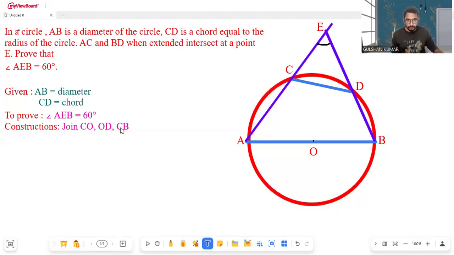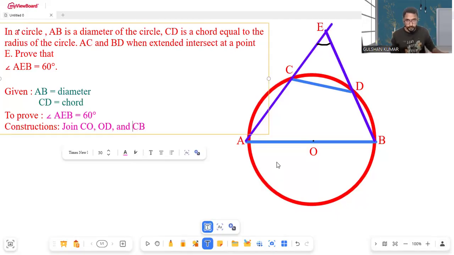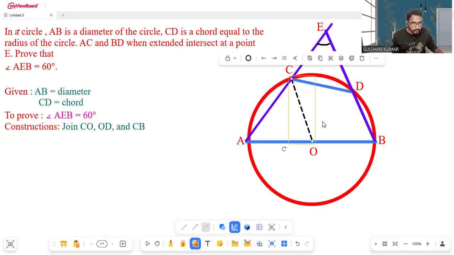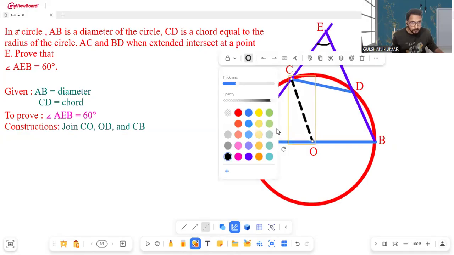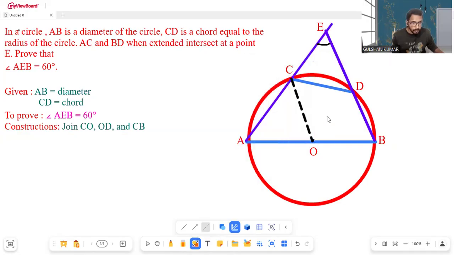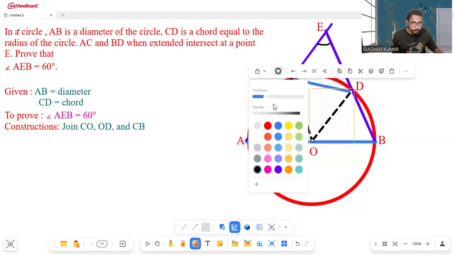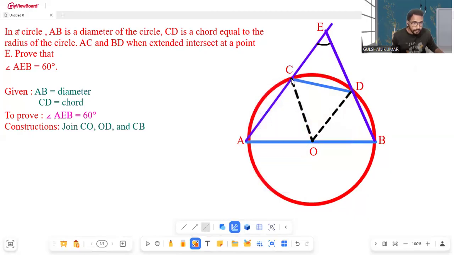So we take a line and join this, and then increase the thickness, and lastly join from here to here also.